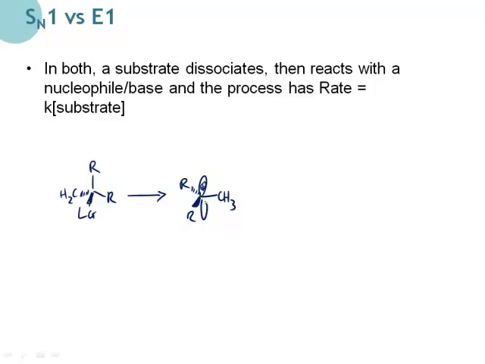And then if we're going in an SN1 direction, we'll add a nucleophile, and the nucleophile can attack from above or below the carbocation, because both sides are equivalent. We'll get some kind of a product like this.